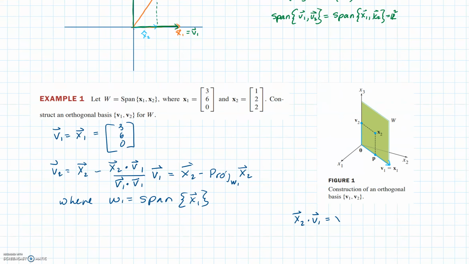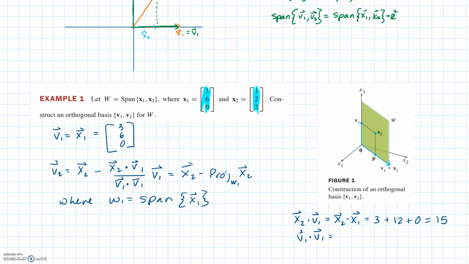x2 dotted with v1 is just x2 dotted with x1, since they are the same. So I'm going to just use these two vectors and dot them together. That would be 3 times 1, which is 3, plus 6 times 2, which is 12, plus 0, so that's 15.